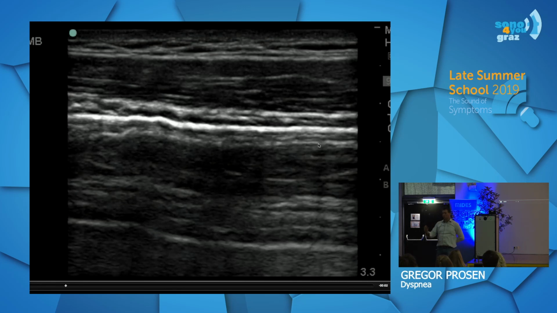A patient with pneumothorax would have an A profile, that means A lines, and the pleural line is not moving. Good? One more thing. Where would we have to put the probe to identify pneumothorax?